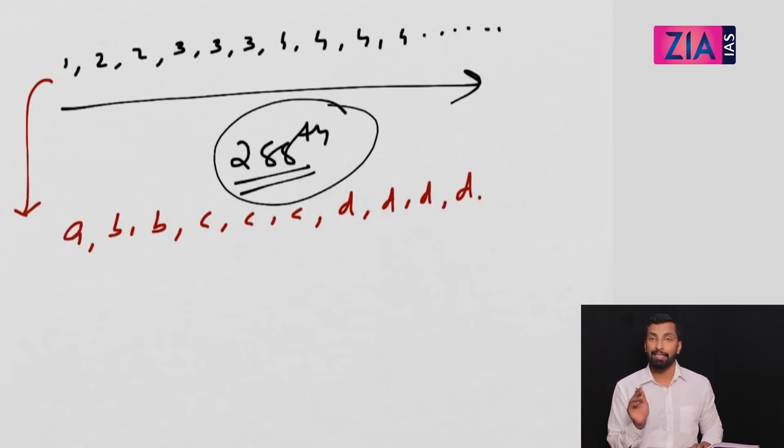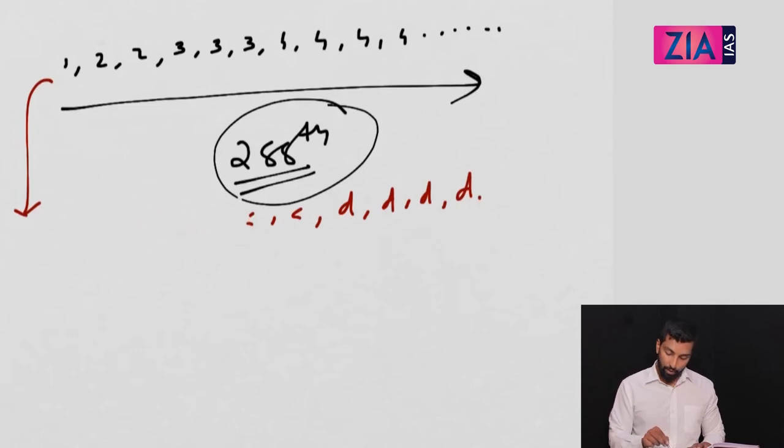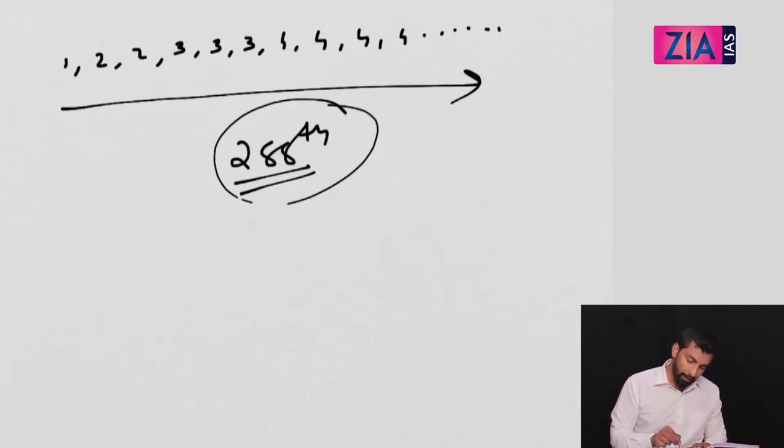But let's understand it with numbers; the answer is anyway the same. So let's find the 288th term of this series: 1, 2, 2, 3, 3, 3, 4, 4, 4, 4.